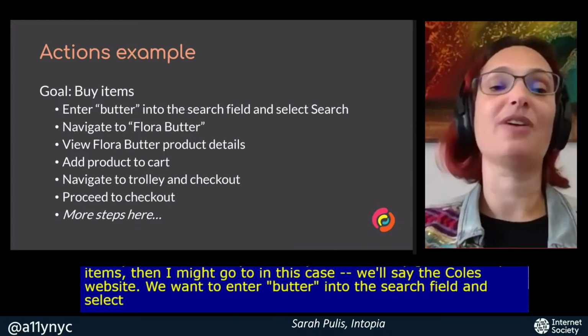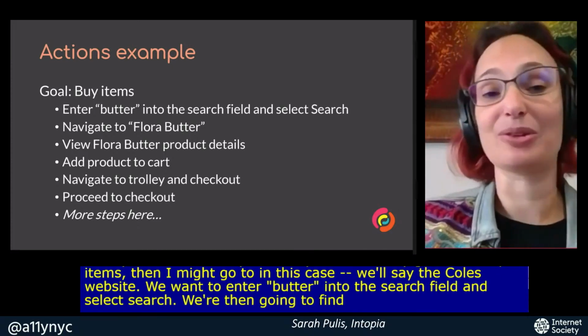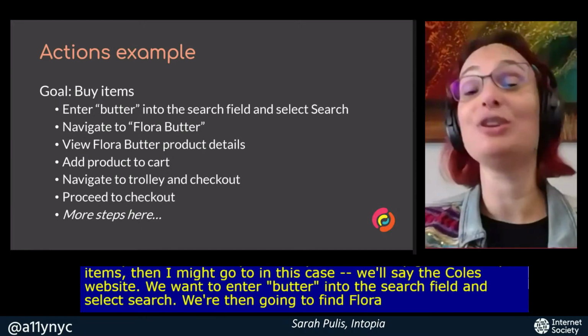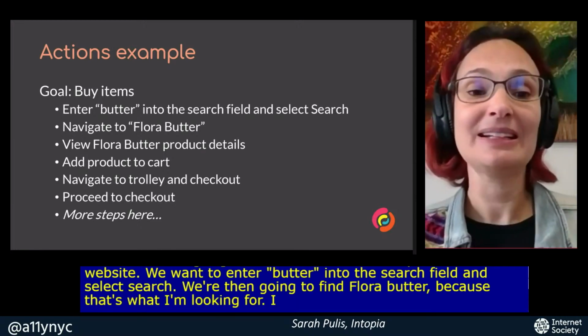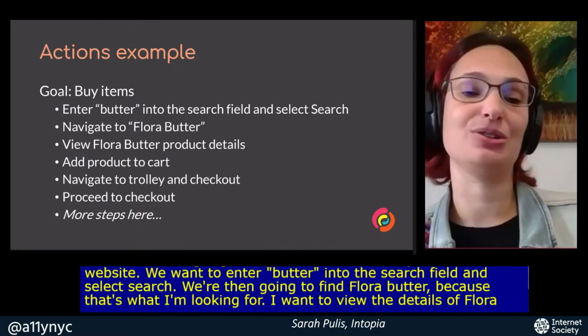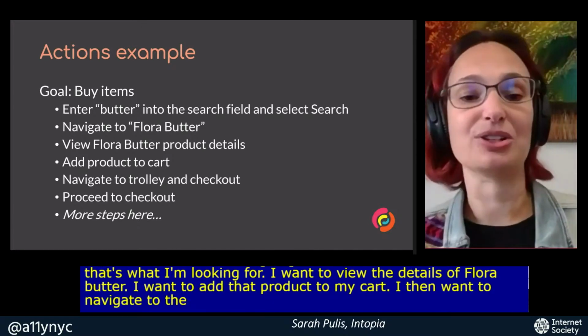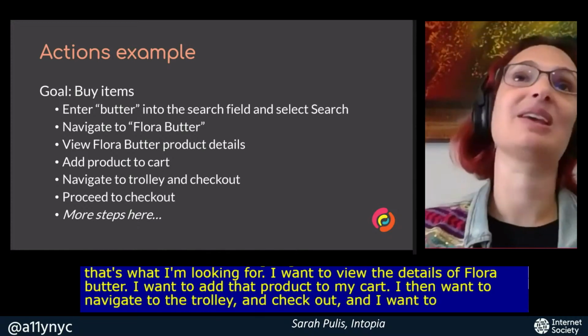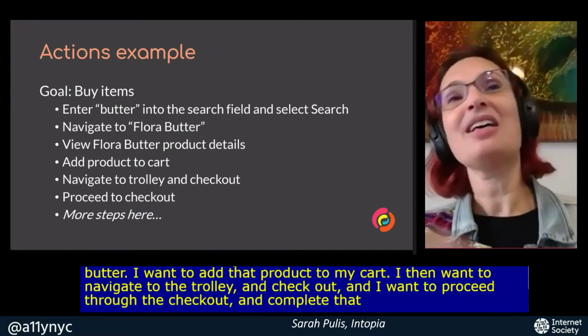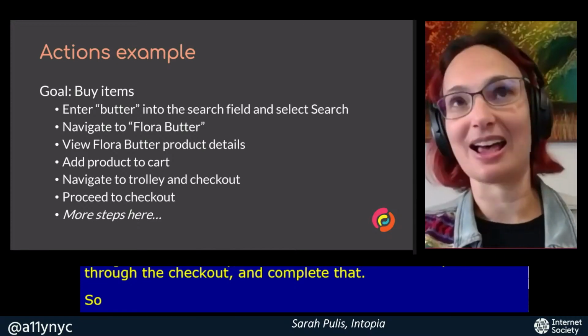We're then going to find Flora butter because that's what I'm looking for. I want to view the details of Flora butter. I want to add that product to my cart. I would then want to navigate to the trolley and checkout, and I want to proceed through the checkout and complete that. So there's quite a lot of high level tasks within here.